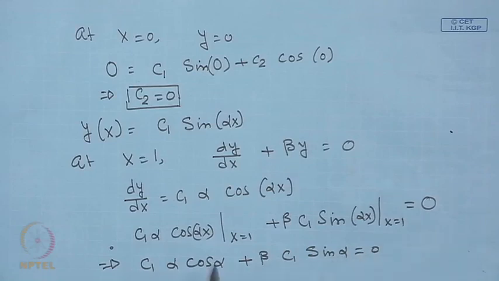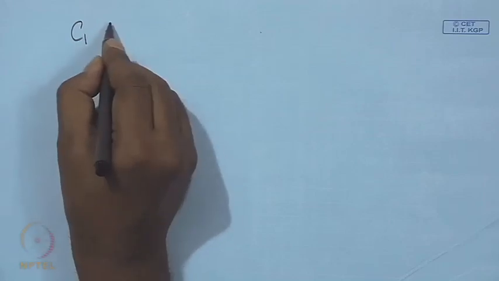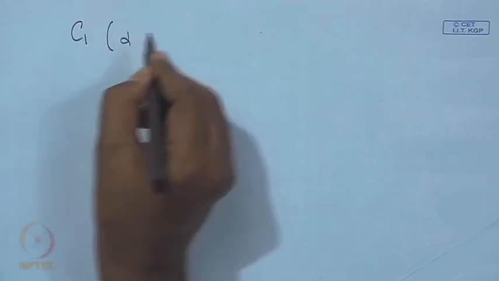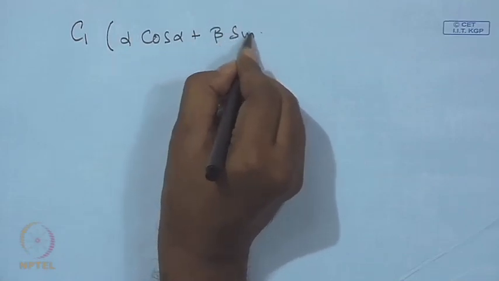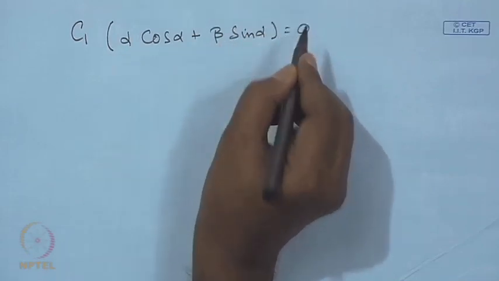So we get this equation from using this boundary condition. We just take C 1 common, so it will be C 1 times alpha cosine alpha plus beta sin alpha is equal to 0.